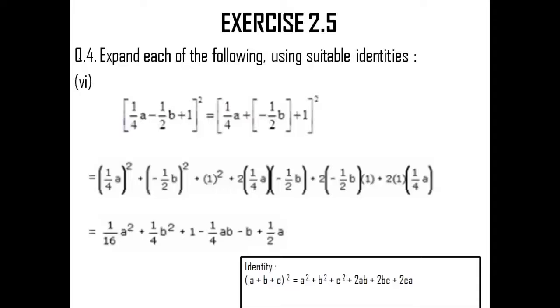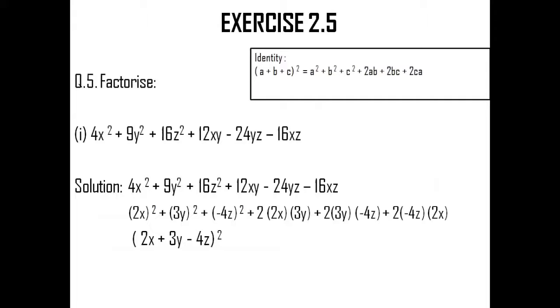Let us try to understand this identity further by doing question number 5 of your exercise. The first question is 4x square plus 9y square plus 16z square plus 12xy minus 24yz minus 16xz.